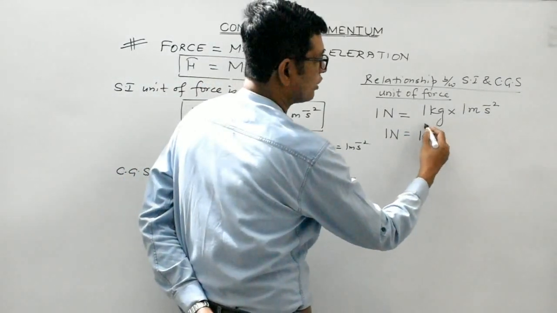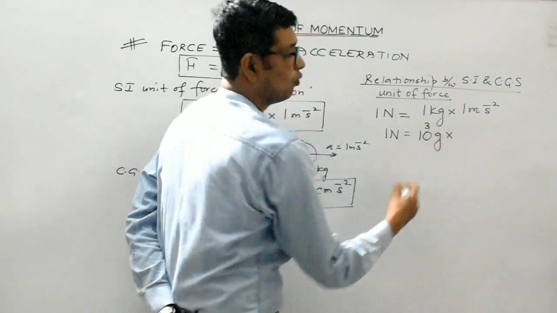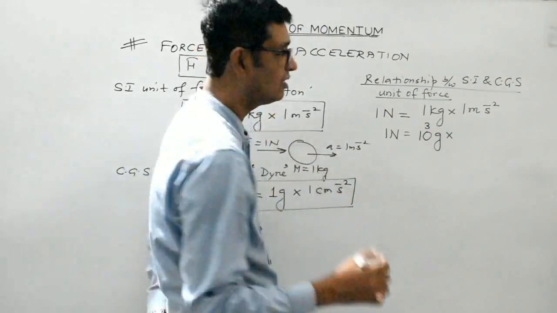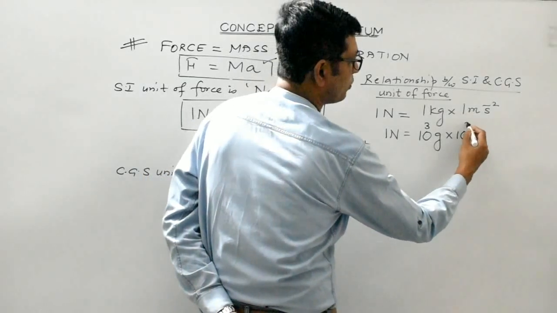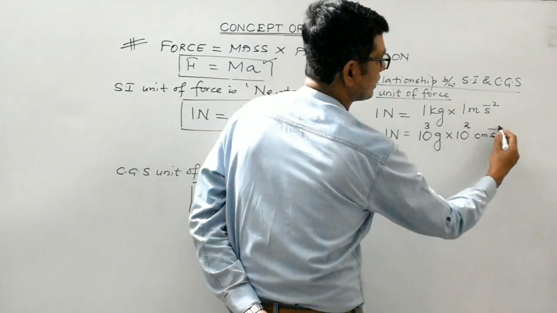So it is equal to 10 raised to the power 3 gram. 1 meter is 100 centimeter. 100 centimeter means 10 raised to the power 2 centimeter per second square.